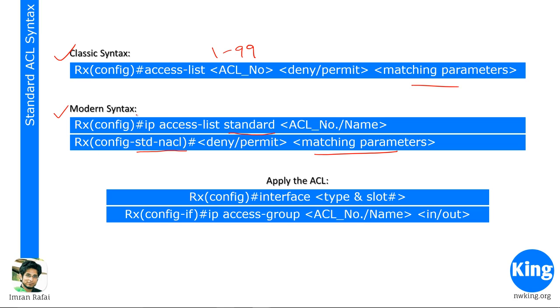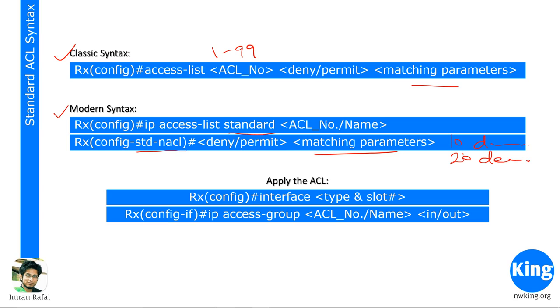But in the modern syntax, every time you enter a statement, the first command that you type gets sequence number 10, and then deny whatever. You don't have to put this 10; it automatically comes in there. The second statement you put has sequence number 20, and it goes on. Now, for instance, in between 10 and 20 you want to have one.